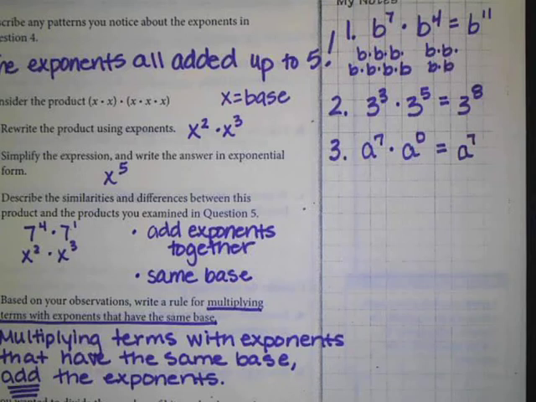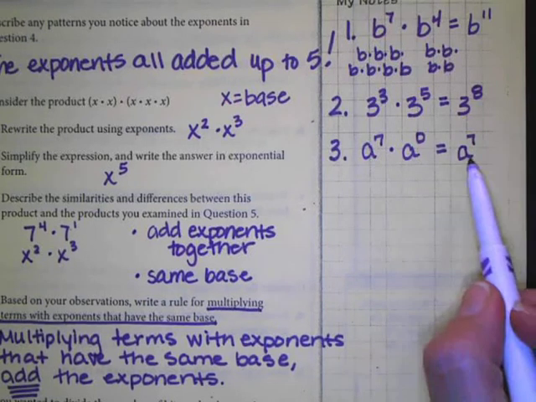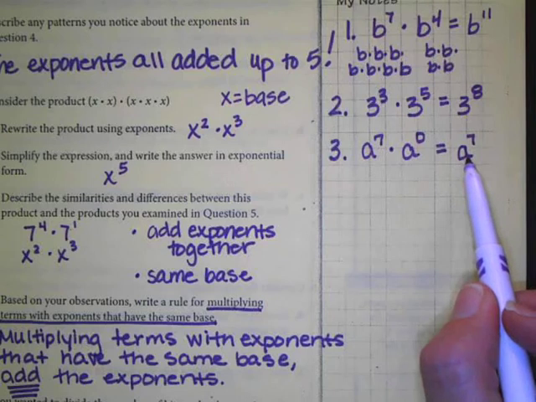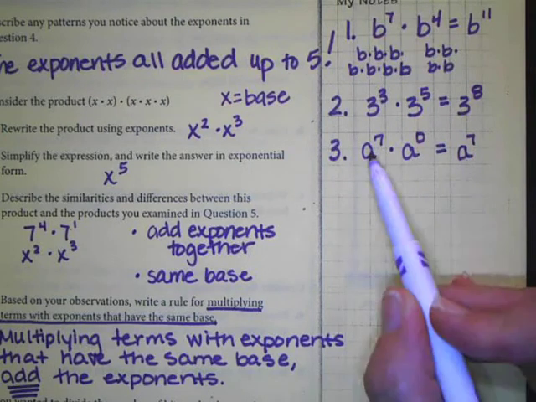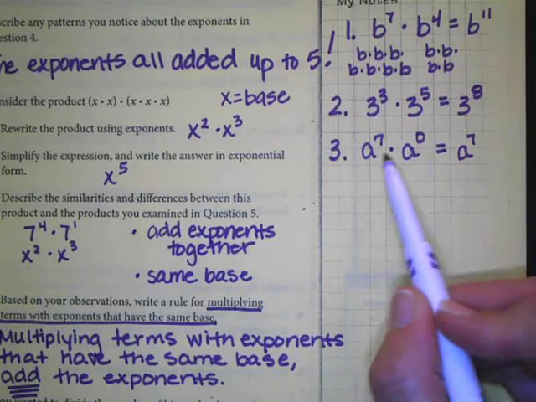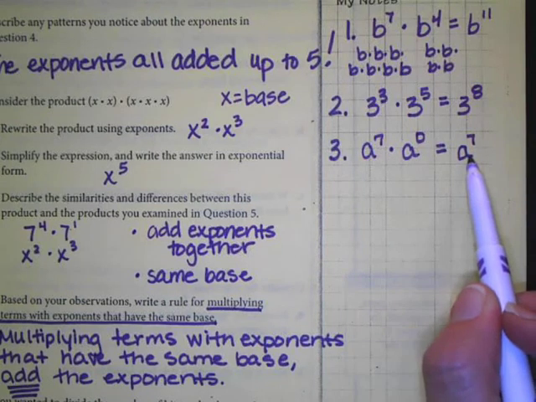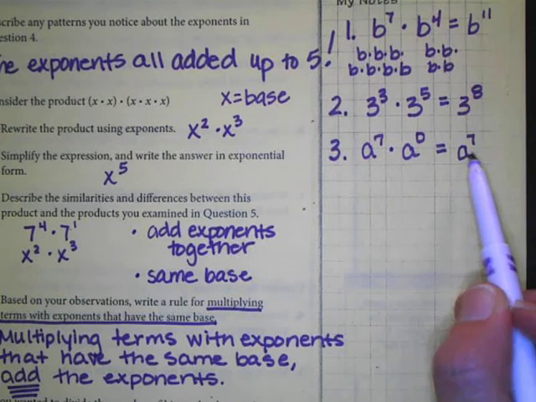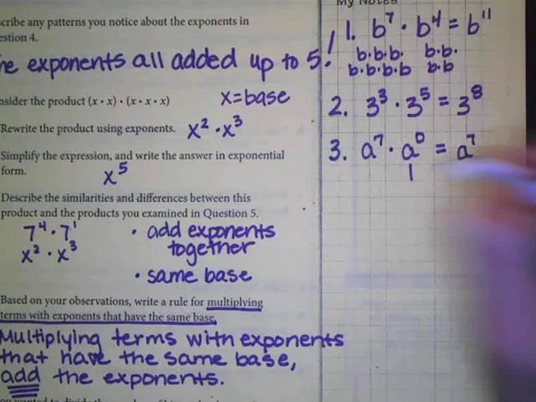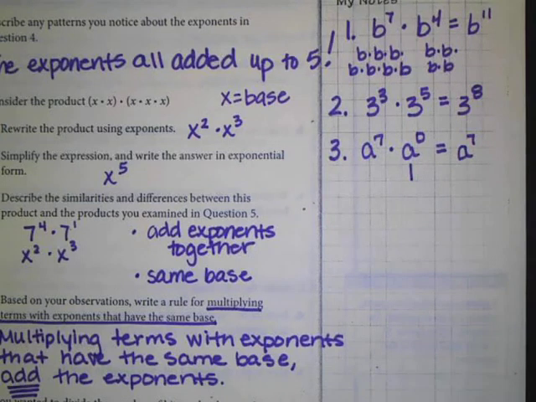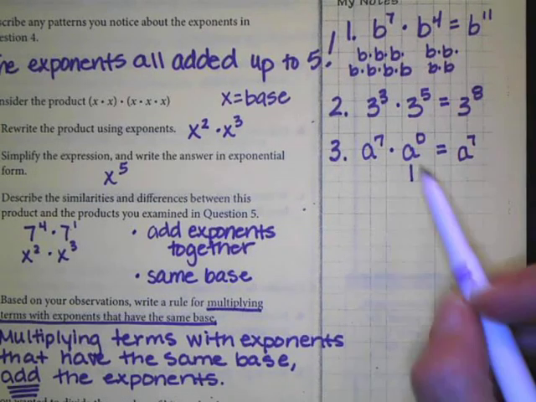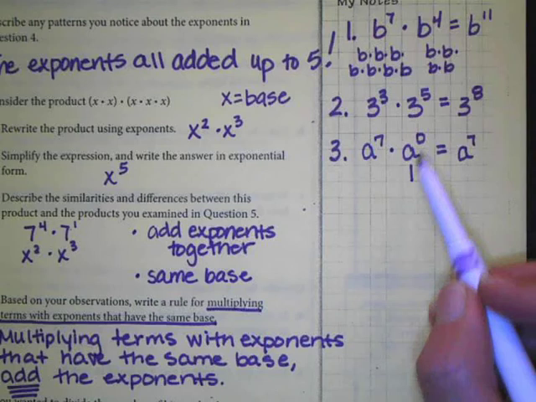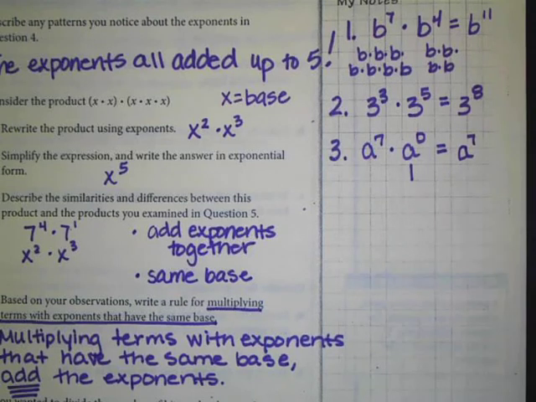What does that mean that a to the 0 has to be then, if it stayed a to the 7th? It kept its same identity. What do you multiply by if it's going to keep the same identity? 1. If I multiply by 0, I would get 0. So this is just a little foreshadowing when we start working on what those 0 exponents mean.